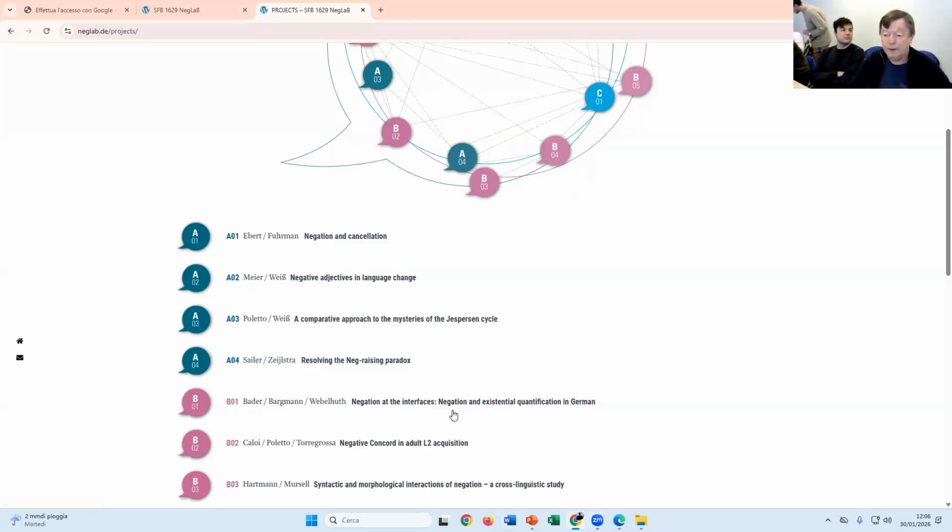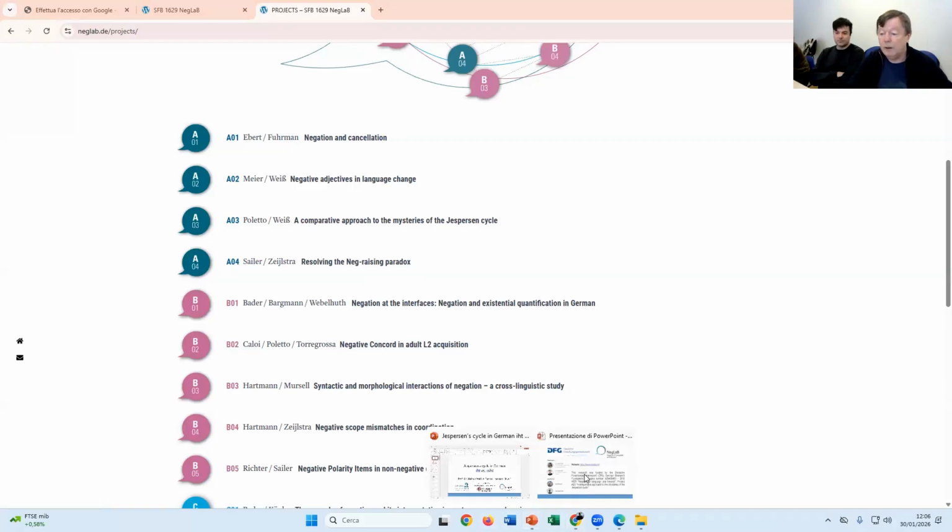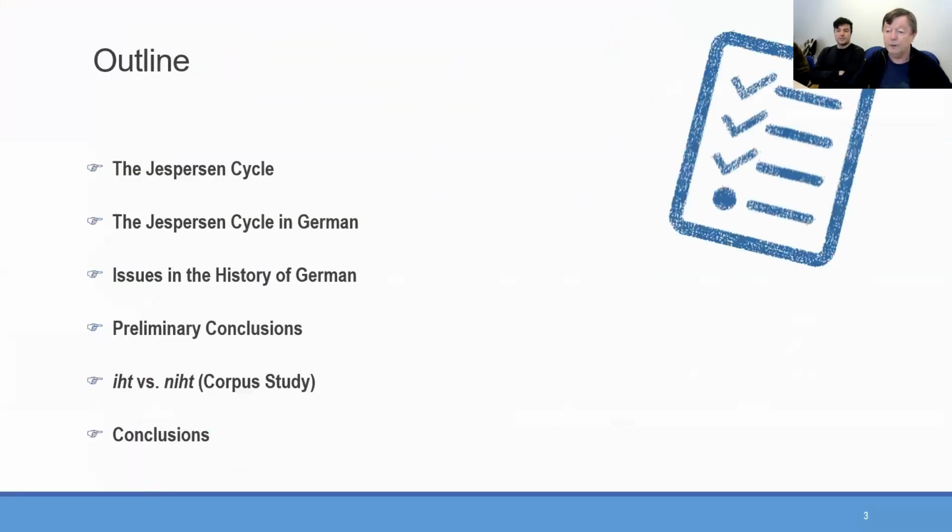Okay. Here you have all the projects listed. They are concerned, for example, with processing, like negation at the interface, or with the acquisition of negation, and so on. Here you see the outline.